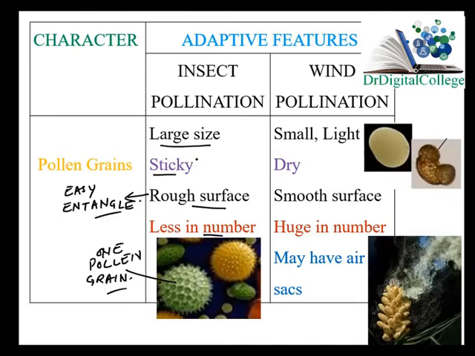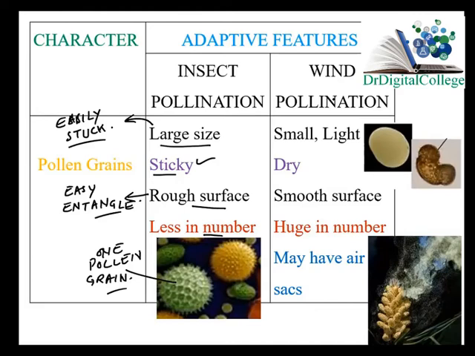And moreover, it's sticky. Large size, because if it were very small, it could slip away from the parts of the insect. So large size can easily get stuck in between the different body parts of the insect.